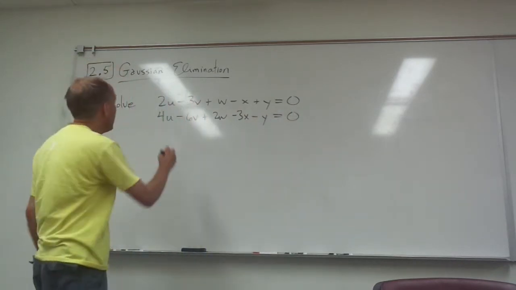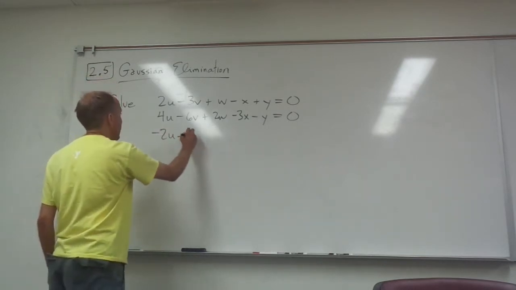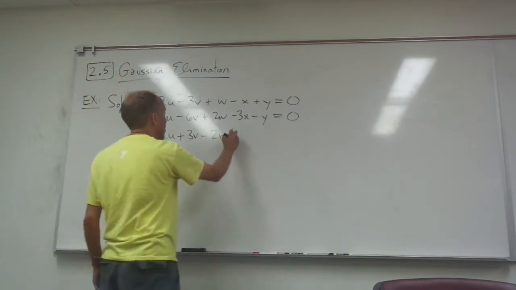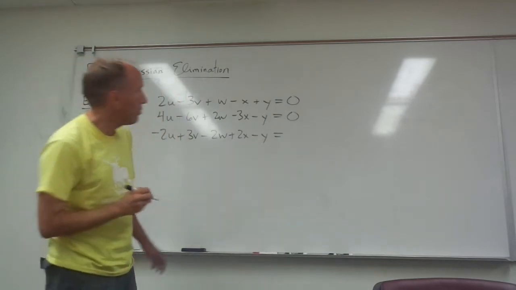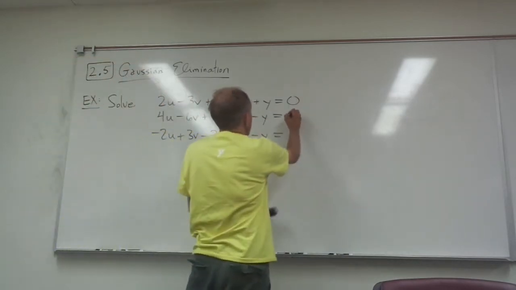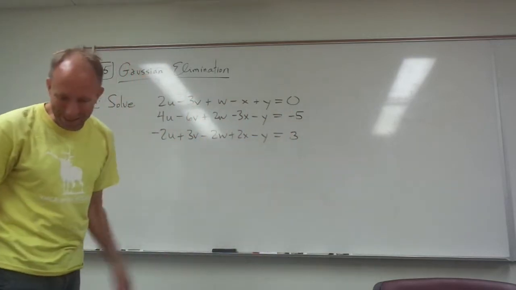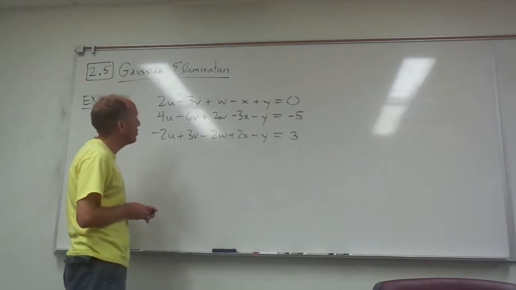Okay? And then finally, negative 2u plus 3v minus 2w plus 2x minus y is equal to, oh, I'm writing this wrong. This should have been a negative 5, and this one should be a 3. Sorry. That's what the system is supposed to be. I just didn't copy it down that efficiently.